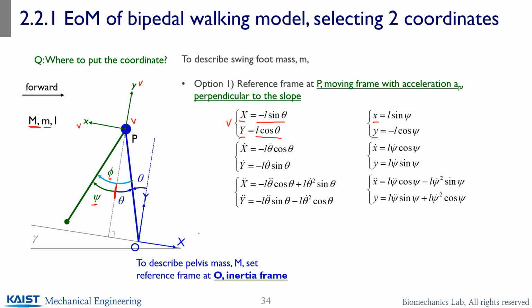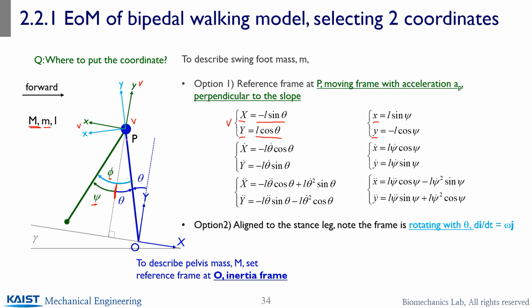Now, there are many other options possible to set the coordinate to describe the swing leg. One other way would be a body attached coordinate frame, which is often used for multi-segmental biomechanics studies. So in this way, your small x and y coordinate, instead of being fixed in space, is now rotating with the body, with the stance leg.